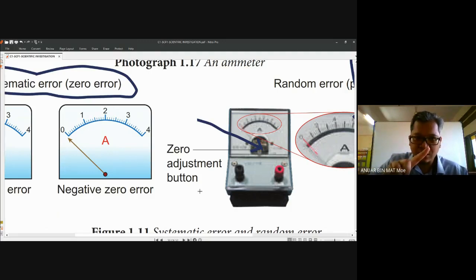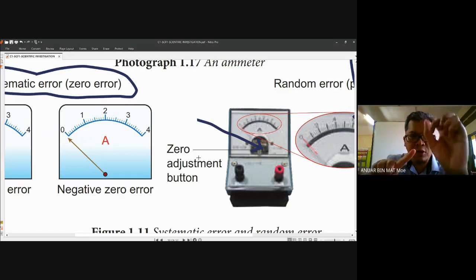If the ammeter has negative zero or positive zero, you can adjust it by the zero adjustment button here, until the needle points exactly at the 0 value.